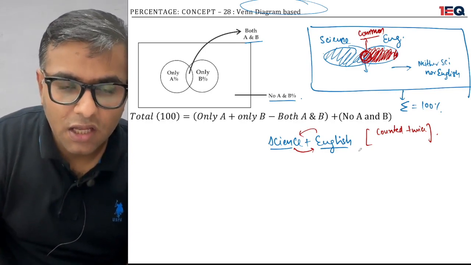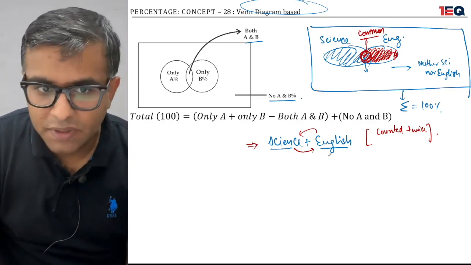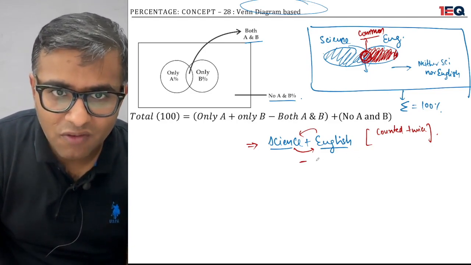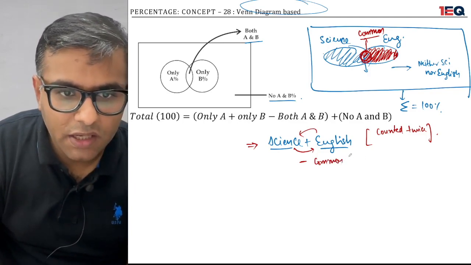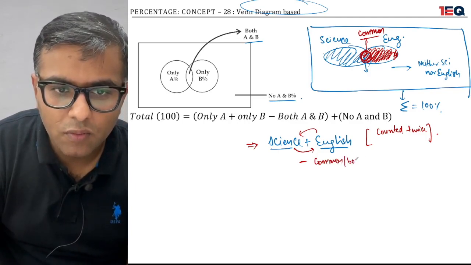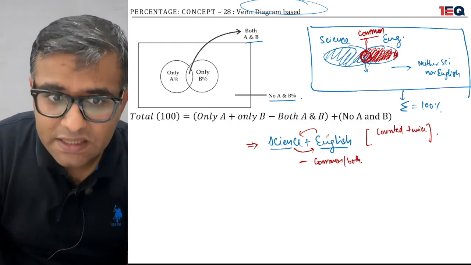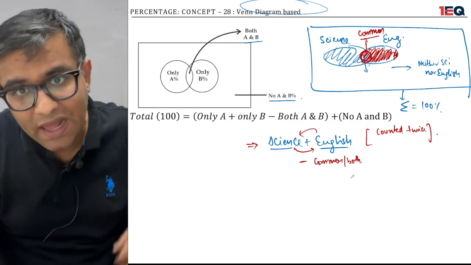That is why if I only wish to know how many students are interested in studying, be it science or be it English, then I have to subtract a component of common area, or both. So science plus English minus common would give me the total number of students who like studying.